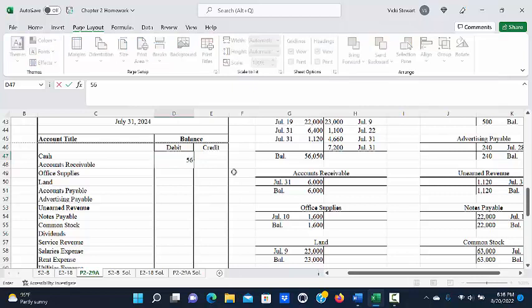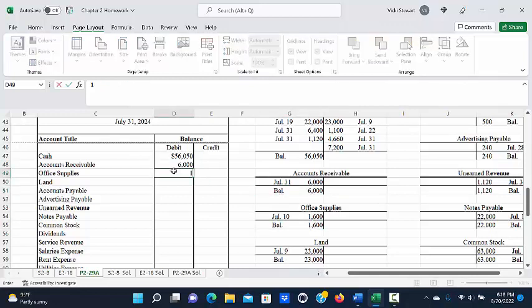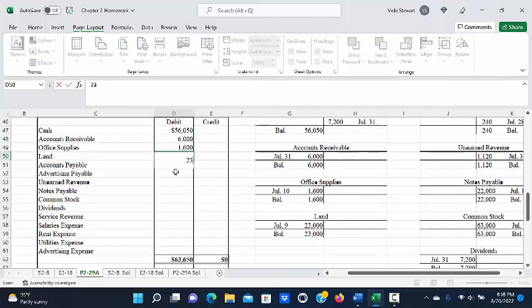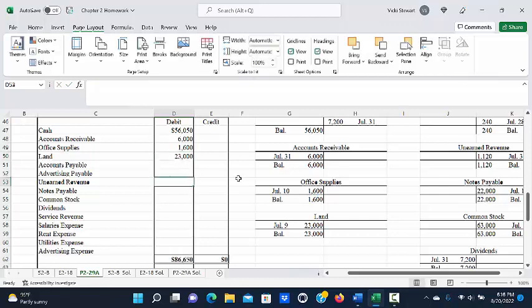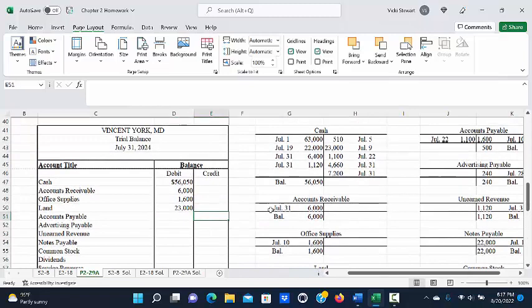So now that you have your balances, you don't even have to guess. You can see that cash is a debit balance. Accounts receivable is also a debit balance. Office supplies is an asset and has a debit balance. Land has a debit balance. Okay, so those are our 4 assets. They should all have normal debit balances.